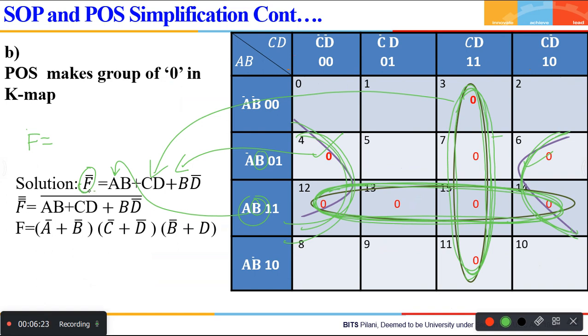Now, how do you get F from there? If you want to get F, take complement once again. When you take complement once again, you get AB plus CD plus BD bar whole bar. Right. So now, can you write it using De Morgan's theorem? Can you simplify it now?